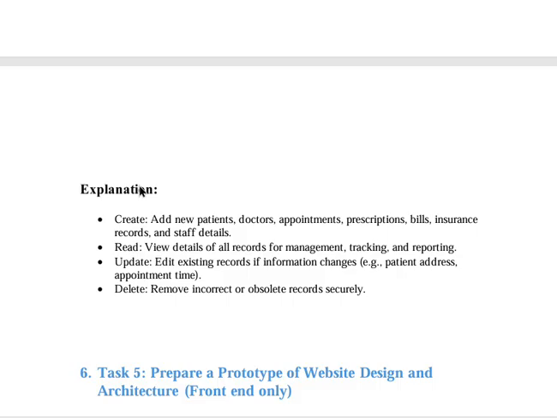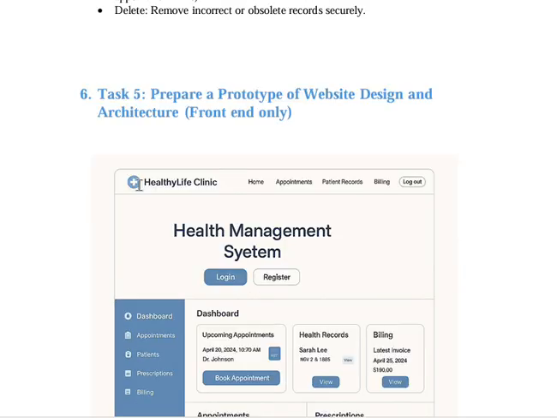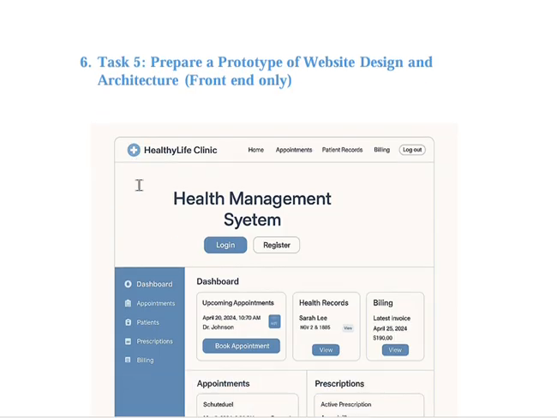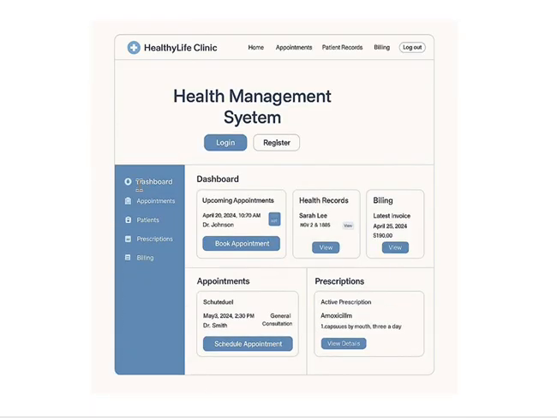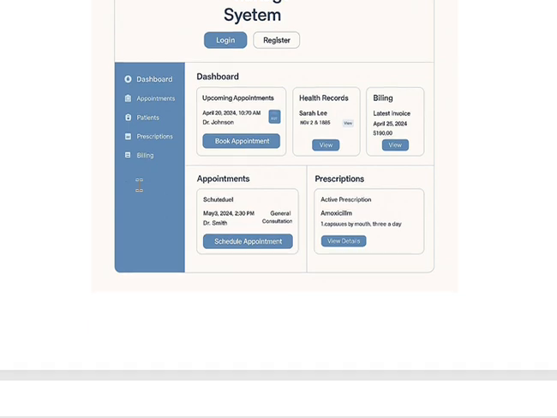In task 5, I made a website prototype with 3 layers. The front end uses HTML, CSS, and JavaScript for the user interface. The backend handles server logic using Node, Python, or Java.